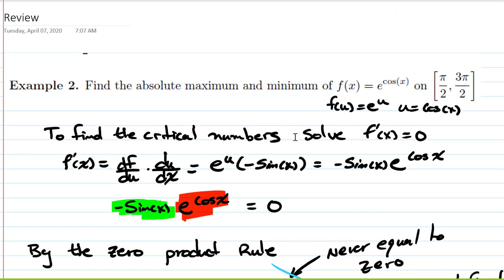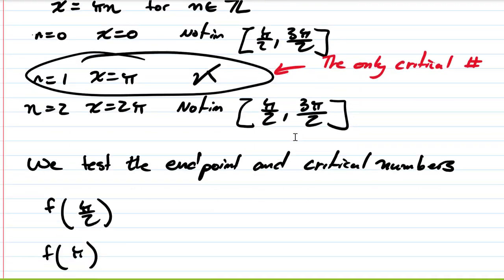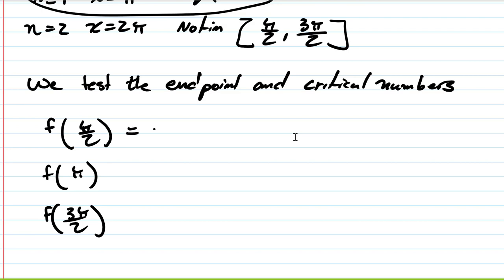Going back to our original function, we have e to the cosine of pi over 2, and the cosine of pi over 2 is 0. So e to the 0 gives us 1.